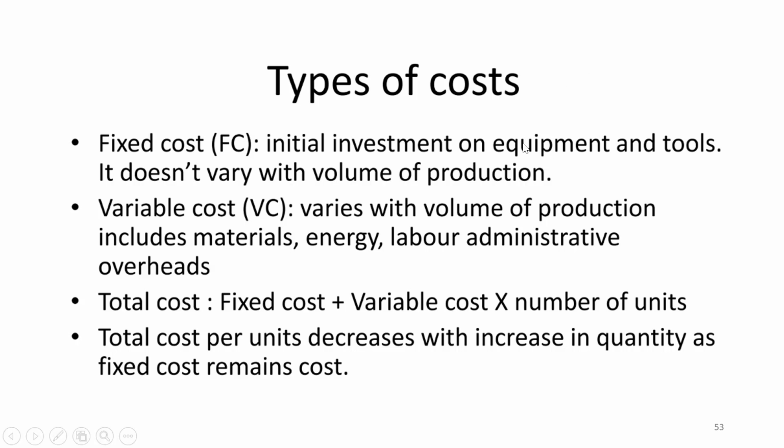This will keep increasing with increasing units. So the total cost formula is fixed cost plus variable cost multiplied by number of units, and the total cost per unit decreases with increase in quantity as fixed cost remains the same.